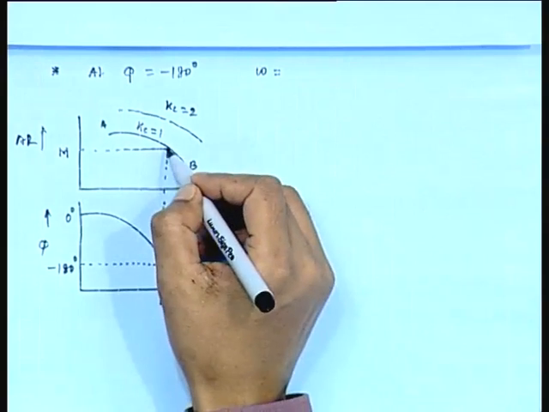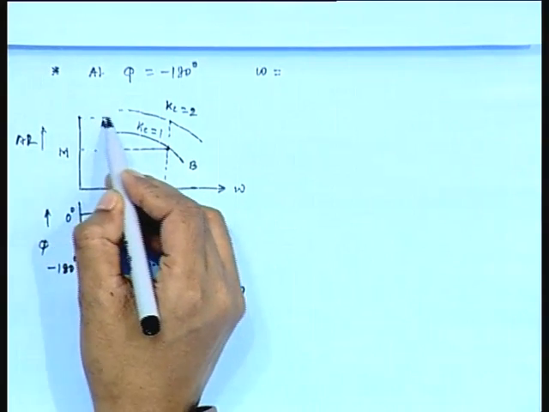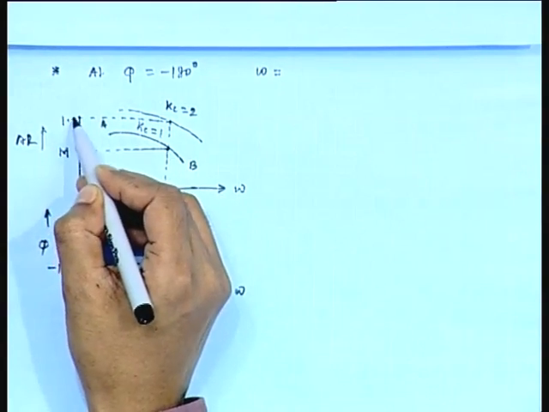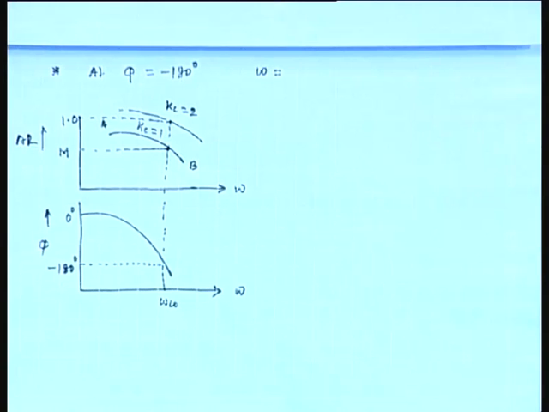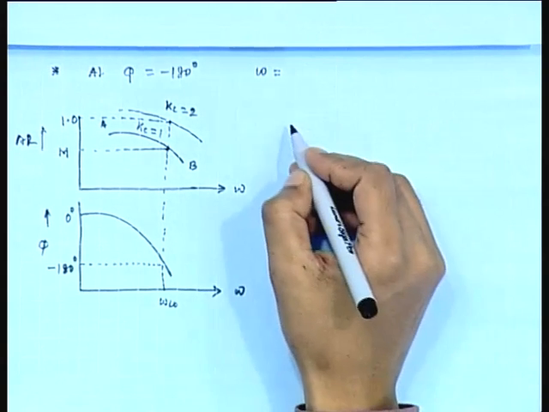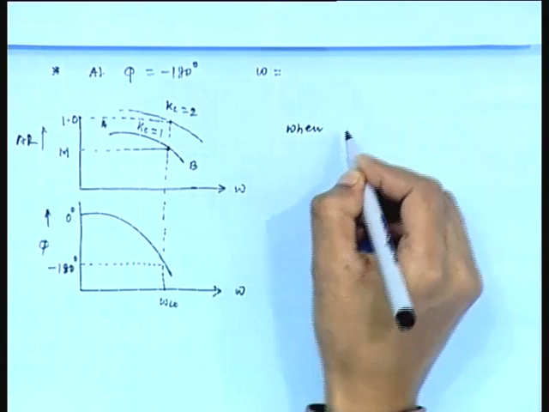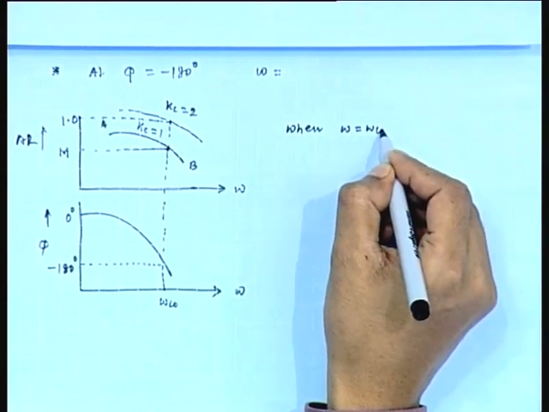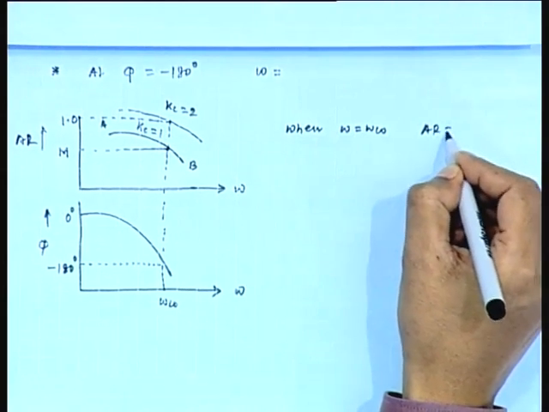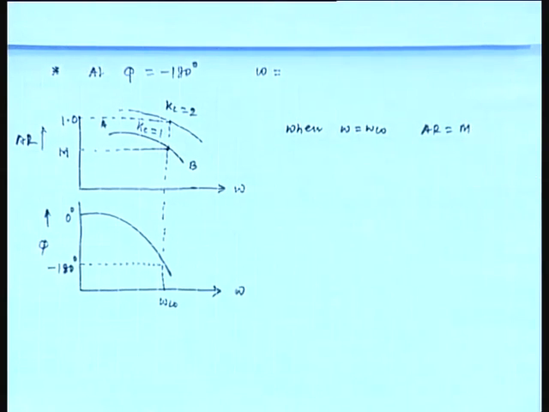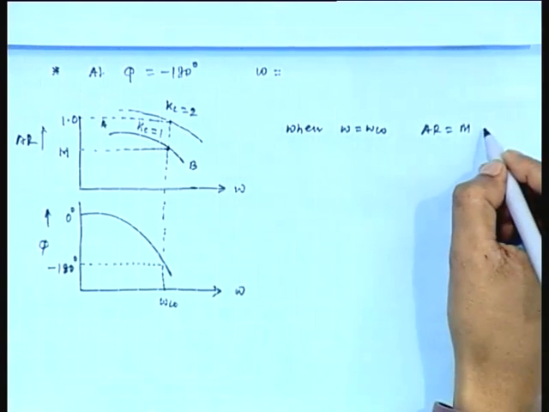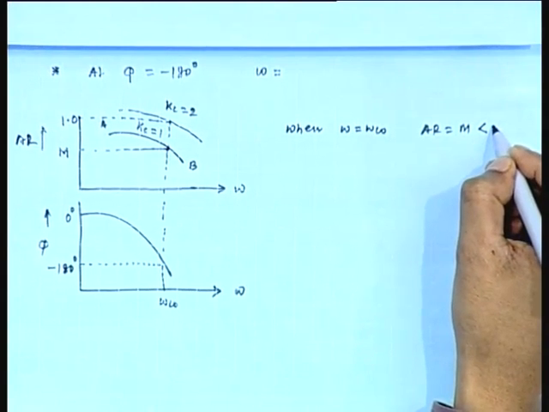So, at crossover frequency, how much is this amplitude ratio? 1. Fine. So, when omega equals omega CO, we obtain amplitude ratio equal to m, which is lower than 1.